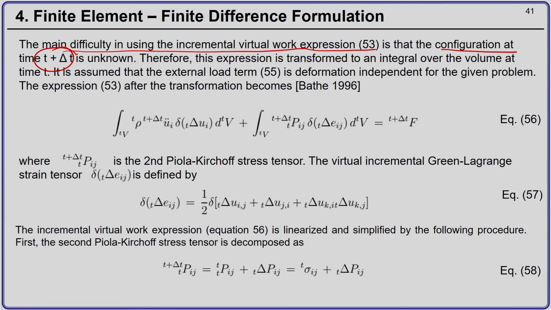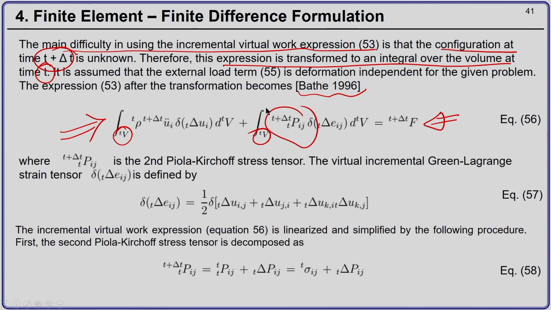So, we cannot carry out those integrations over the volume and the surfaces. Therefore, these expressions need to be transformed to an integral over volume at time t, and this we can do by the pushback operations. Here we have used one formulation given by Bathe. When you write the integral equation over volume at time t plus delta t at time t, you get the following expression, and instead of the Cauchy stress you get what is called the second Piola-Kirchhoff stress tensor.